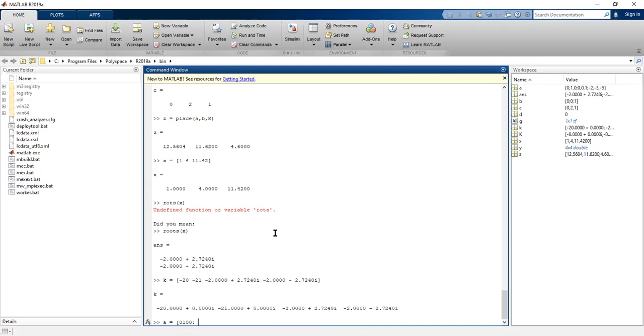Remember the space. 0, 0, 1, 0. 0, 0, 0, 1. And then -4, -2, -1, -7.